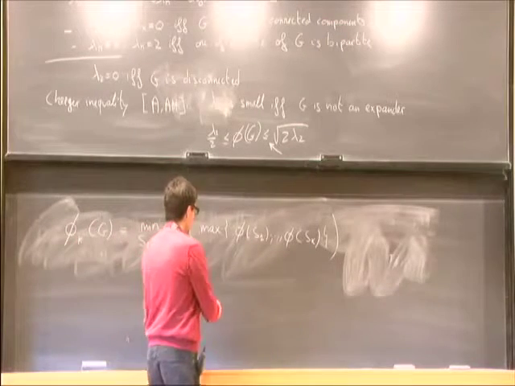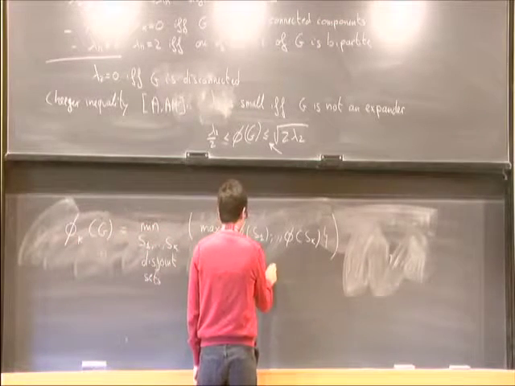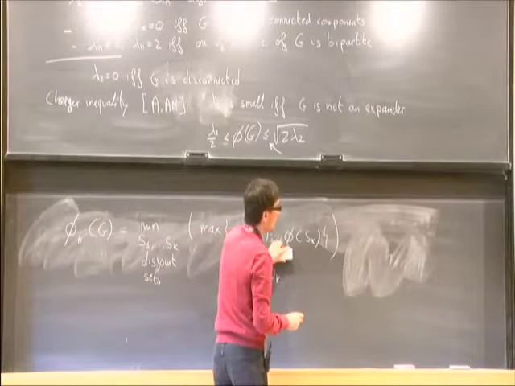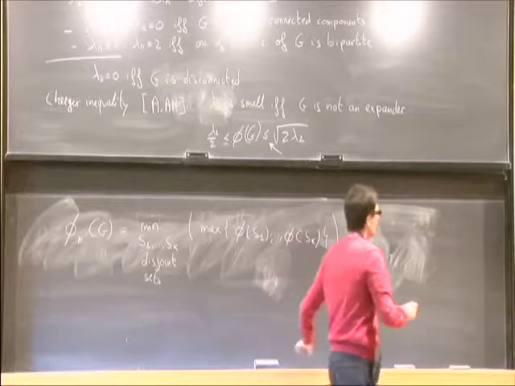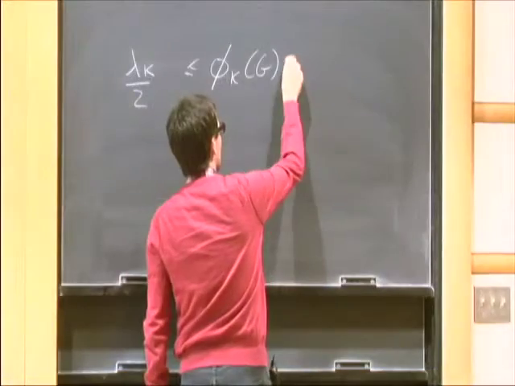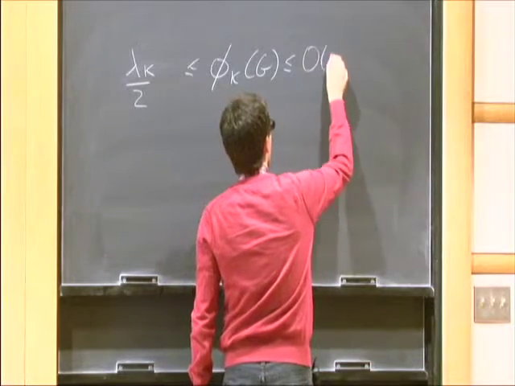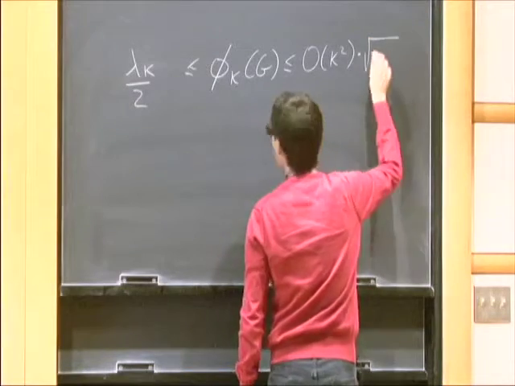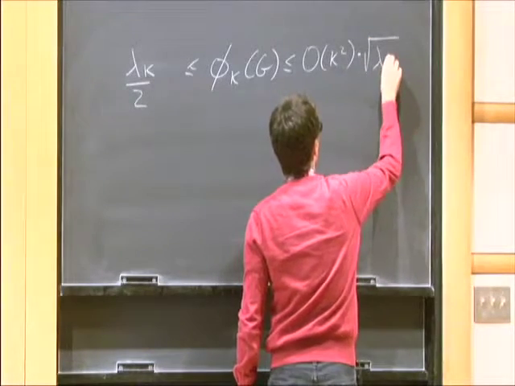So what we prove is that this parameter is at least lambda k over 2, and it is at most k squared times the square root of lambda k.